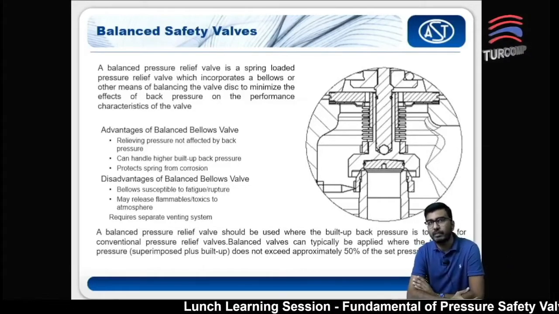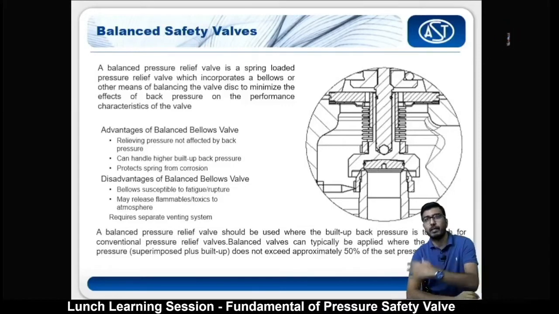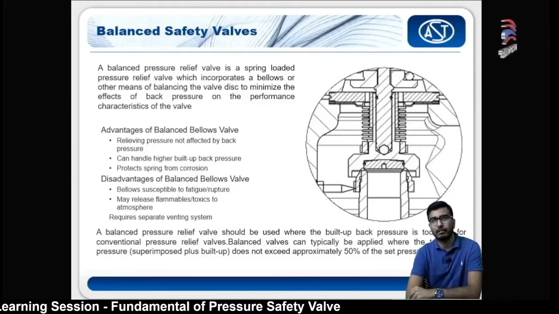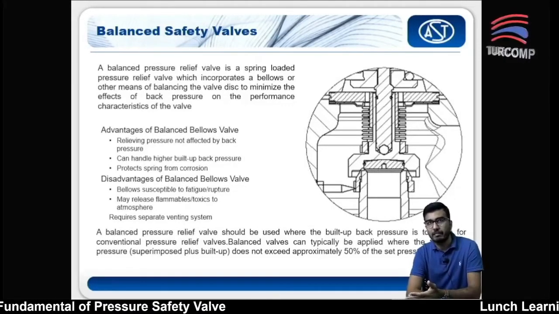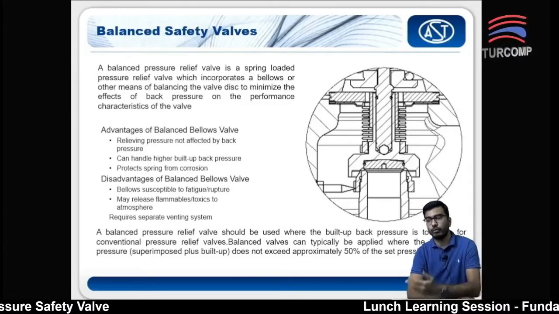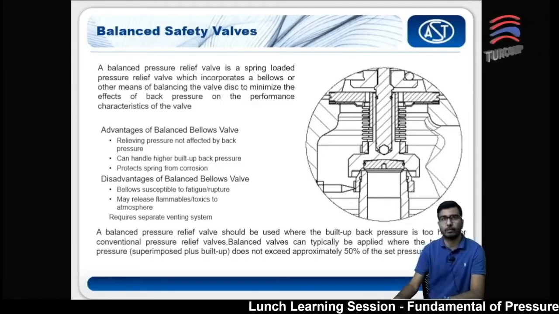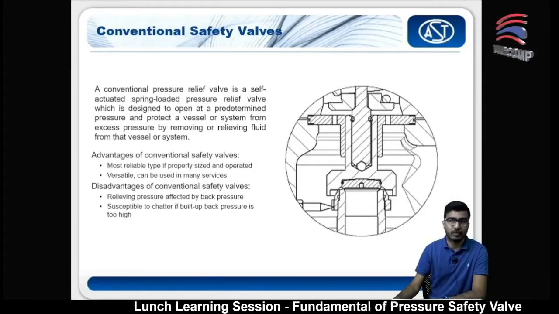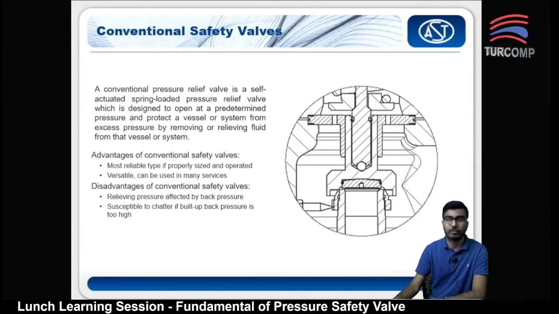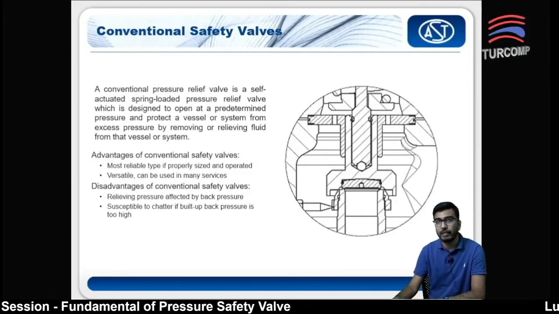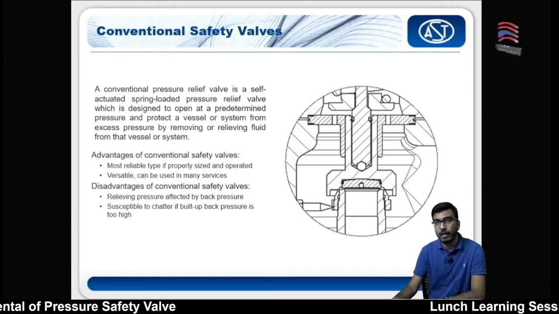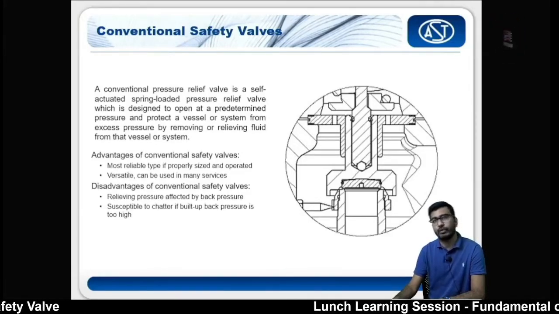The advantage of the balanced bellows is that it's not affected by back pressure that much. It can handle a higher build-up pressure and it protects from corrosion. This is actually the main point. As you can see in the old design, if you have a corrosive fluid flowing in your line, it will go up to your spring and corrode your spring over time.